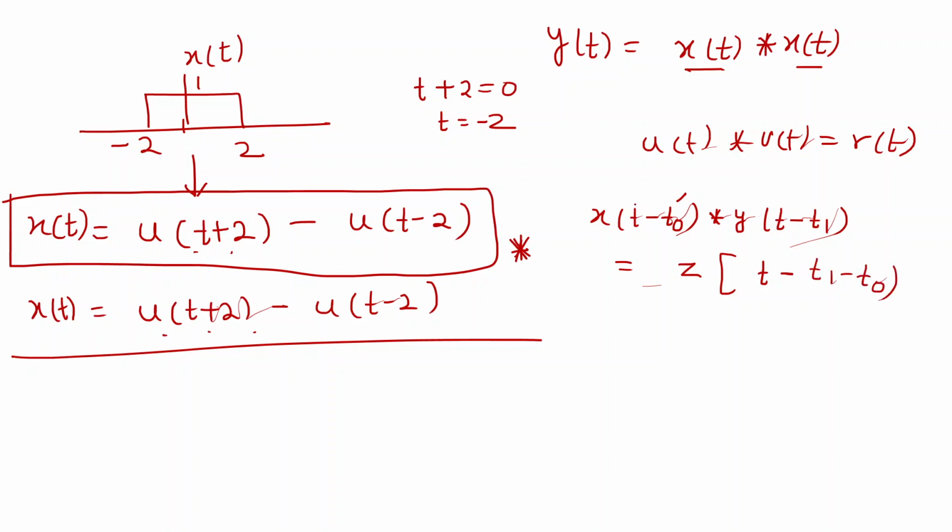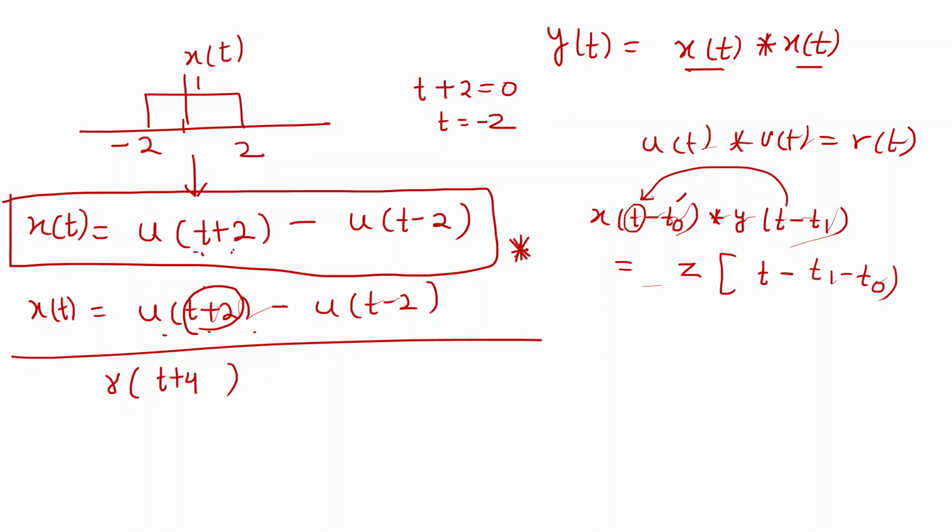Whatever this t is, just replace it with t minus t naught like that. So whenever u of t is convoluted with u of t, you know that the answer will be r of t. So write down r of, but what do you have to write inside? This t plus 2, you have to put in this t. So it will be t plus 4.